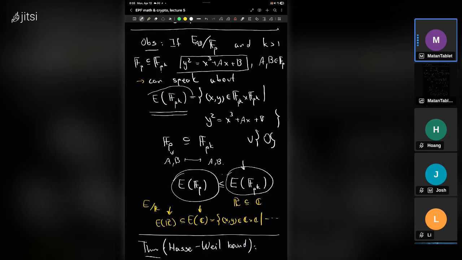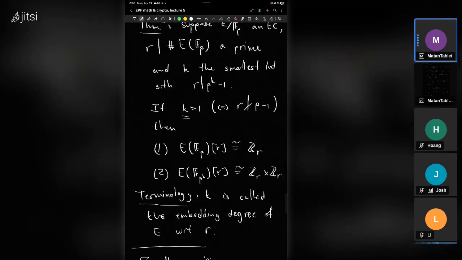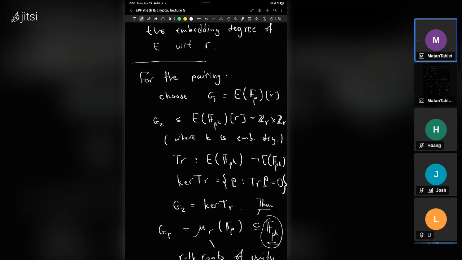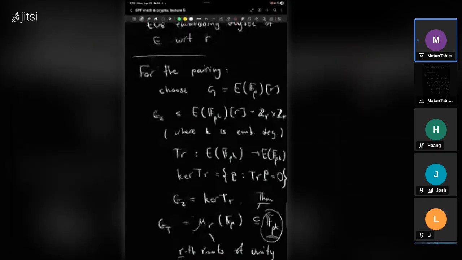So that's why I said E by itself is not just one group. E over F_p is one group, E over F_p^k for any k is another group. So you have a family of infinitely many groups. And this is important to know because when we work with the pairing, which of course I did not construct, this is a long way to go, but I just described what G1 and G2 are.